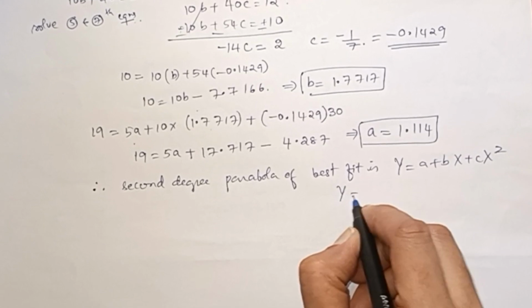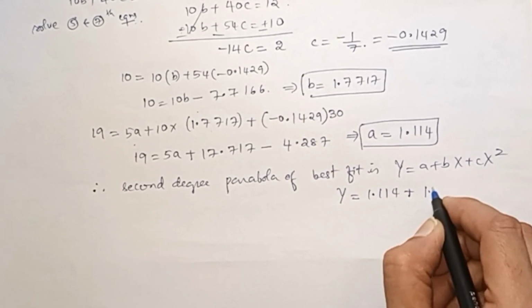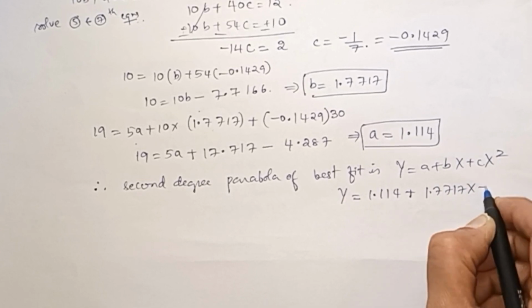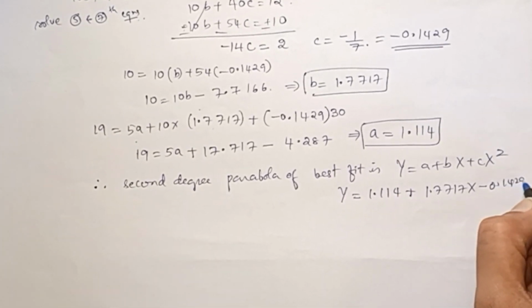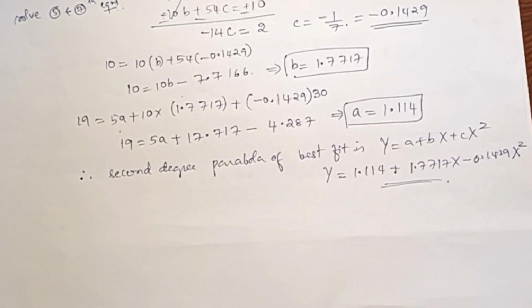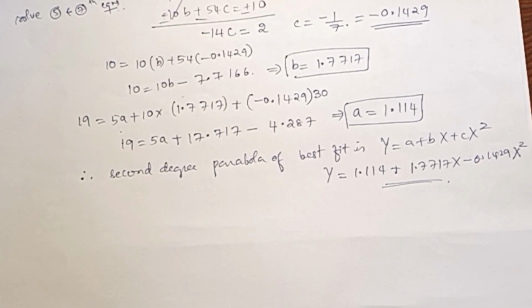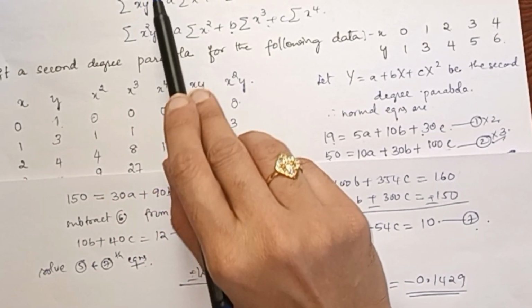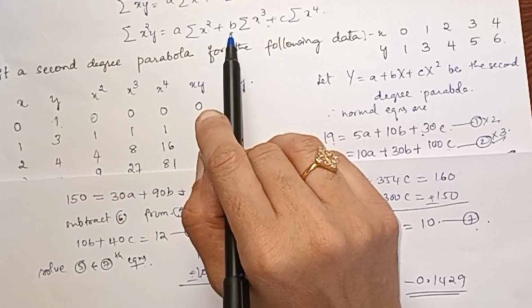Substituting accordingly: 1.114 plus 1.7717x minus 0.1429 into x square. So this is the parabola of second degree which best fits the given data. This is how we fit a second degree parabola to given data. Easy. You have to remember the normal equations for the parabola, similarly, as in the earlier case, the normal equations for a straight line.